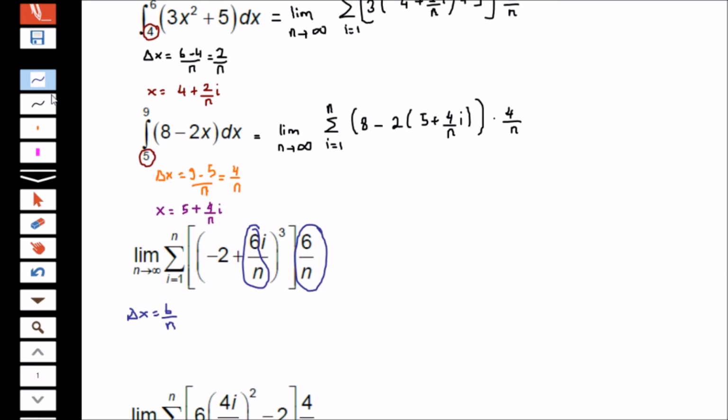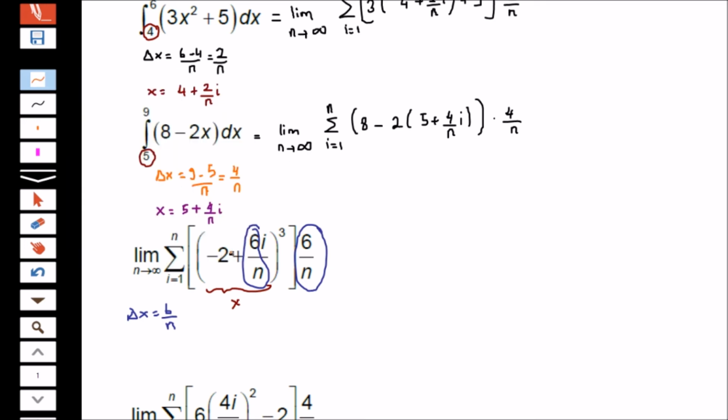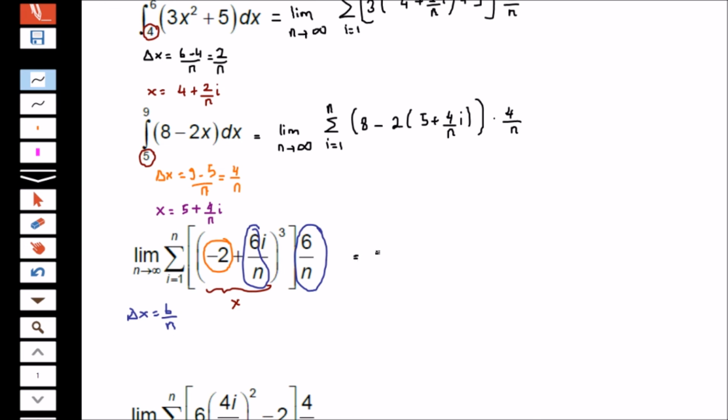And you should understand which part is x. You can use delta x times i. So this part is x. This is why you can check the initial condition or lower bound. Lower bound will be minus 2, then our integral will start with minus 2.